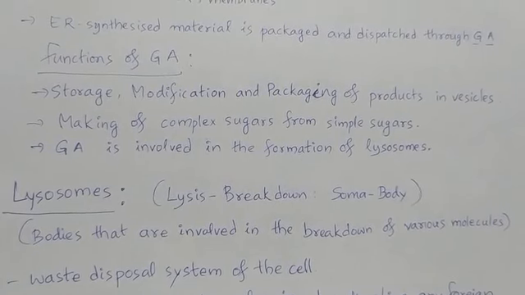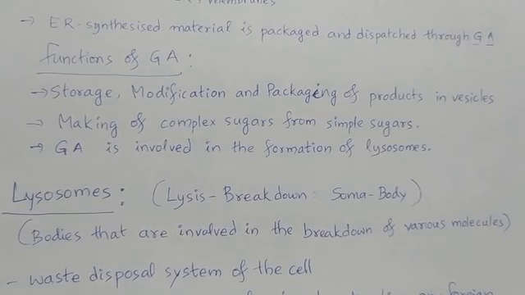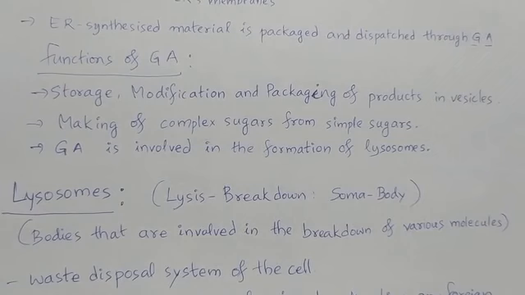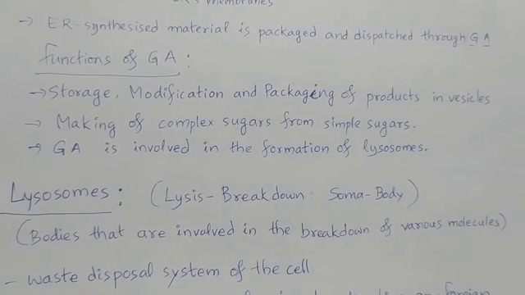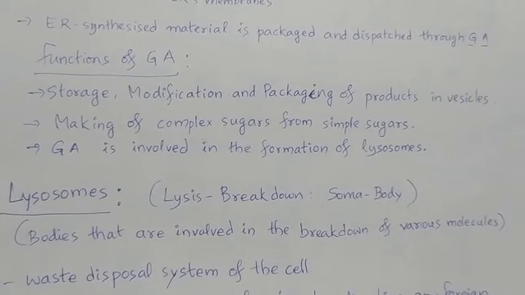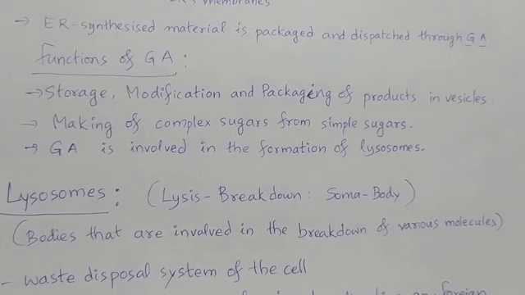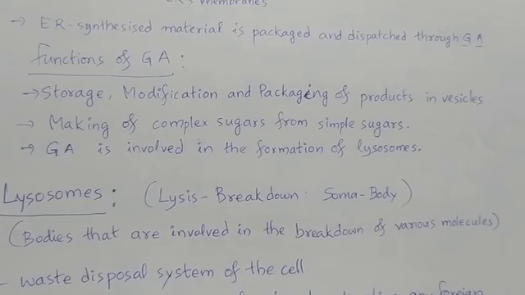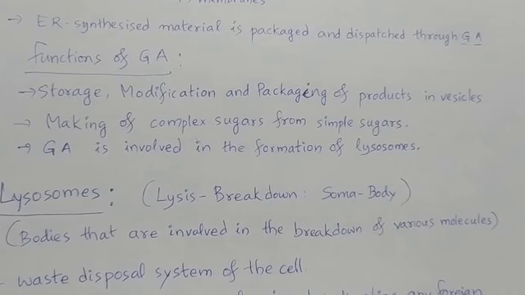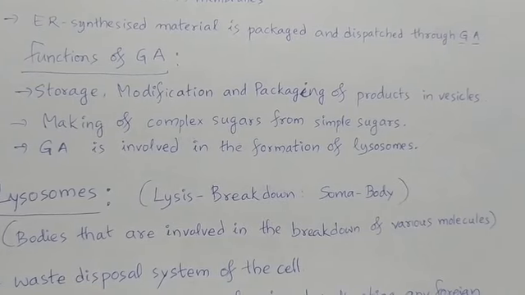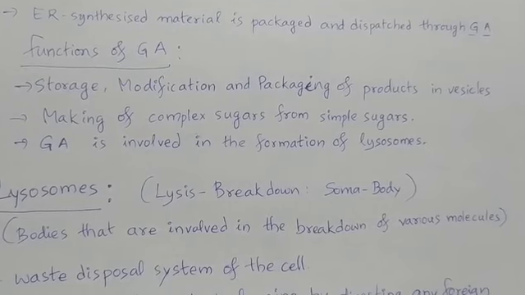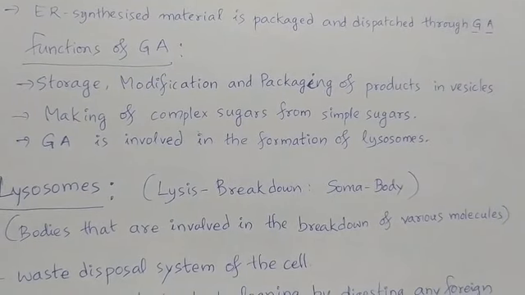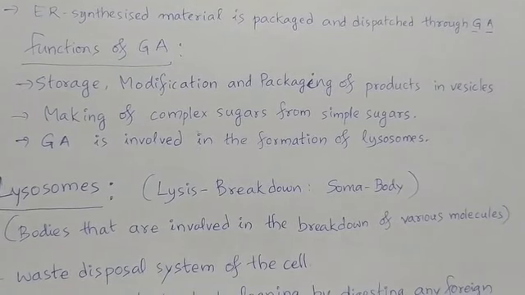When this material is coming out through Golgi apparatus, certain processes take place on these materials. Initially they are stored, and after some time they are modified, then they are packaged. So storage, modification and packaging of products in the form of vesicles is carried out by Golgi apparatus.